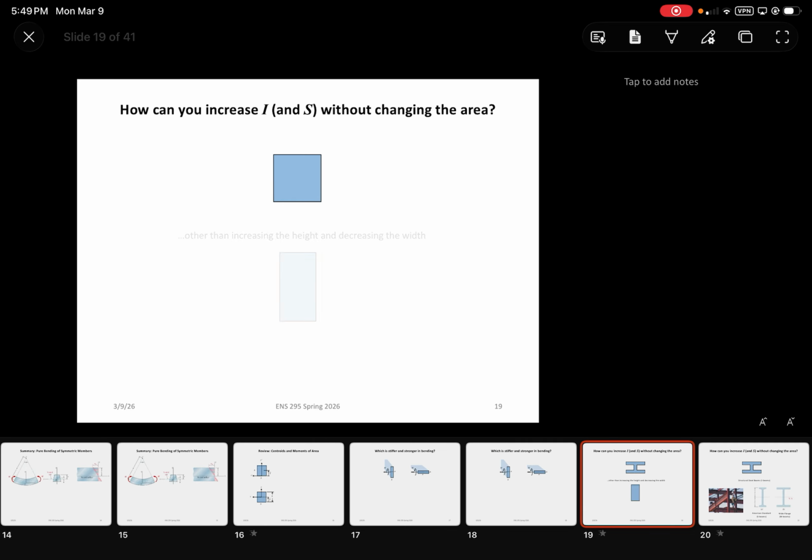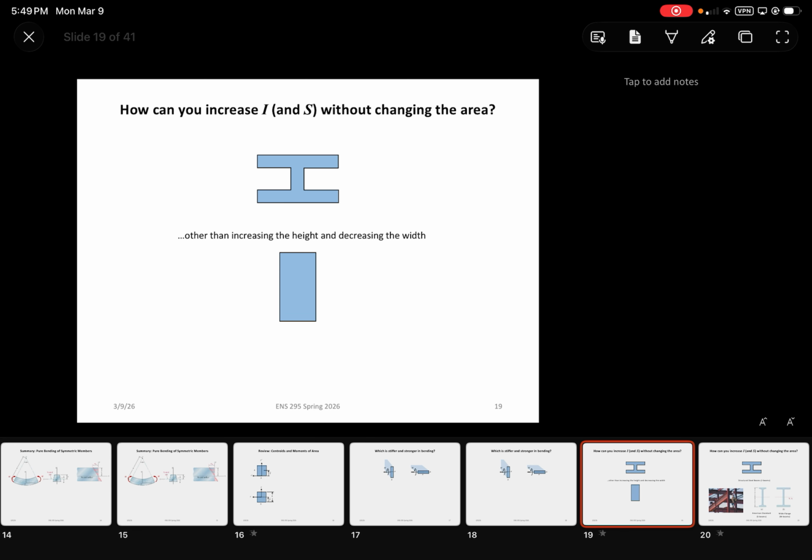Yeah. One of the things you could do is increase the height of it, but in turn make it thinner. And so when we do this, we find that we can hold more capacity. And that's why when you're looking at steel structures, you have that I shape.